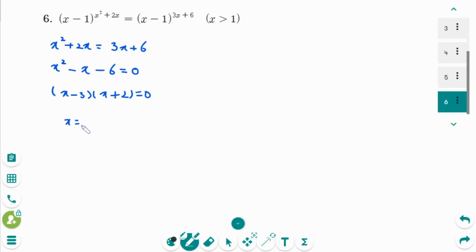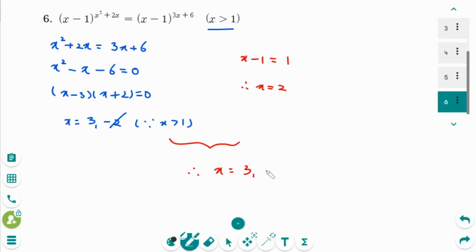Then x equals 3 and minus 2. x equals minus 2 is an extraneous root because x is greater than 1. But if the base is 1, the answer is the same, even if the exponent is different. So x minus 1 equals 1, therefore x equals 2. With these two, the final answer is x equals 3 and 2.